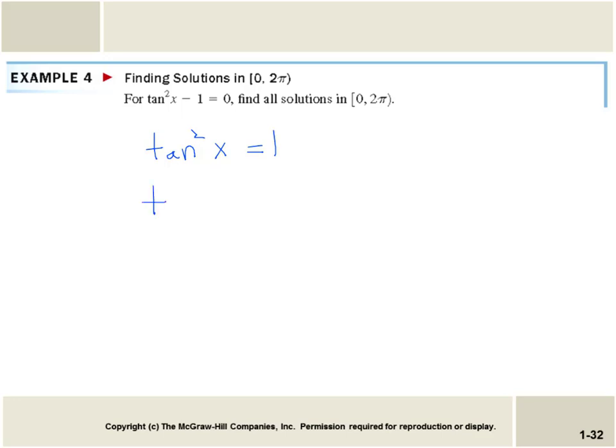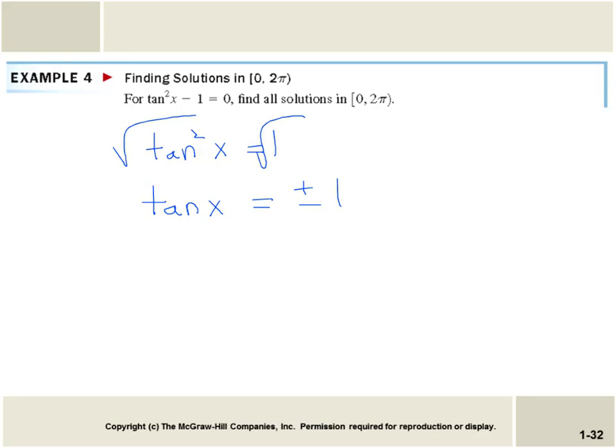So I take the square root of both sides. So I have tan x equals what? Good. Don't make that mistake. It's plus or minus 1. Perfect, Delaney. Many of you will make this mistake and forget the negative. You've got to keep it.